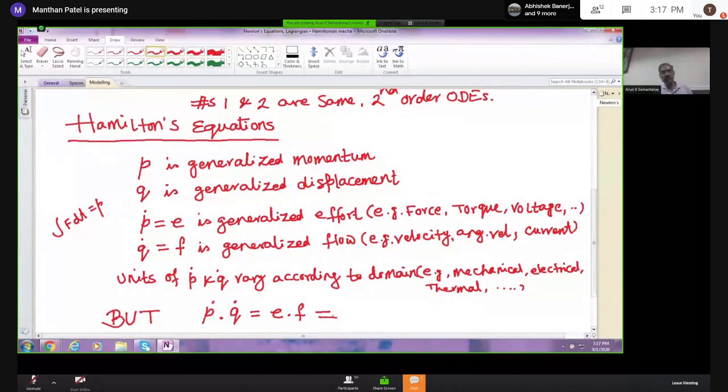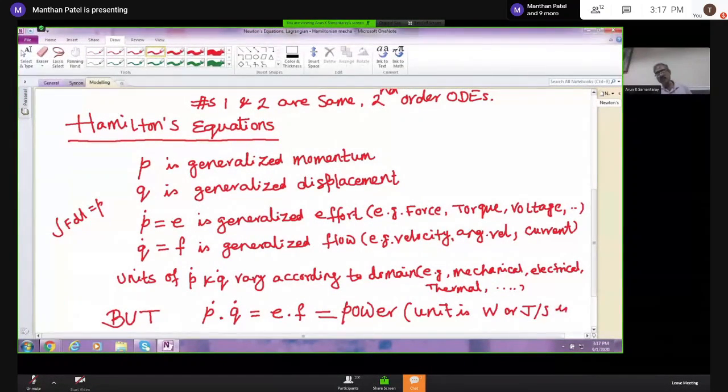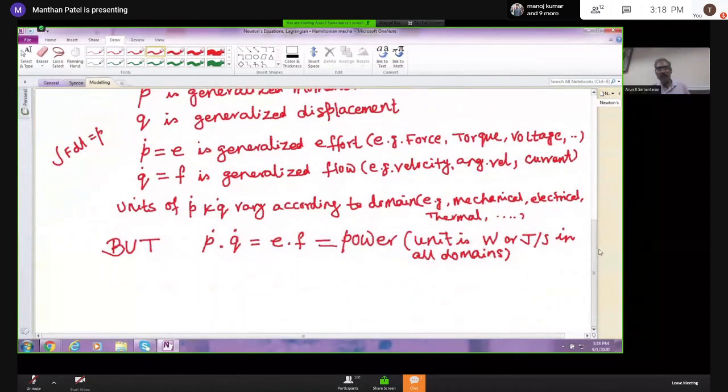What is this? Effort into flow. This is power. Its unit is watt or joules per second in all domains. So this is very important: the unit of power is domain independent.